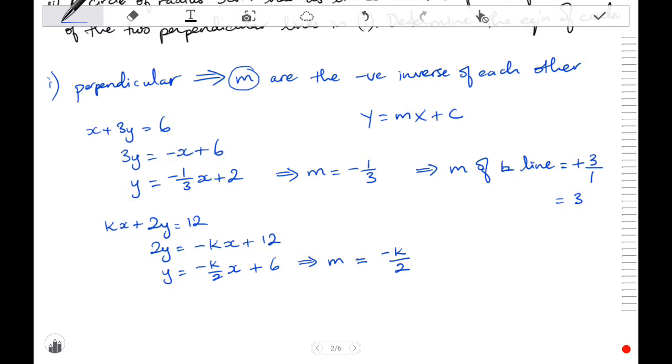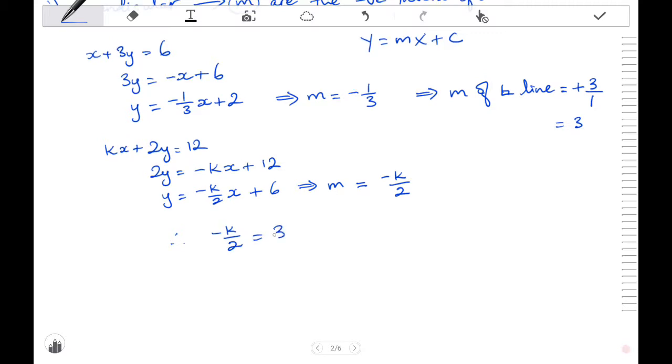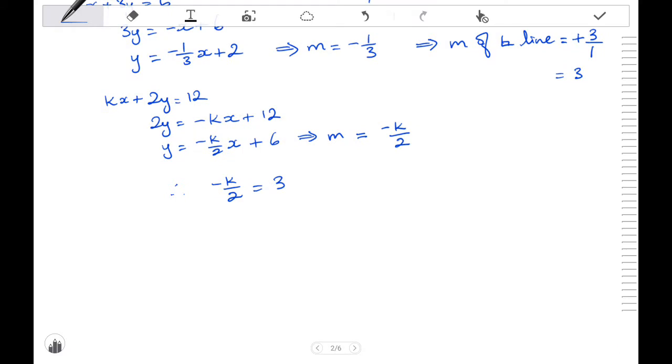So this value of gradient, negative k over 2, must be equal to 3. A certain value of k will give you this value, so all you have to do is solve for k. Cross multiply: minus k is equal to 6. Therefore k is equal to negative 6.